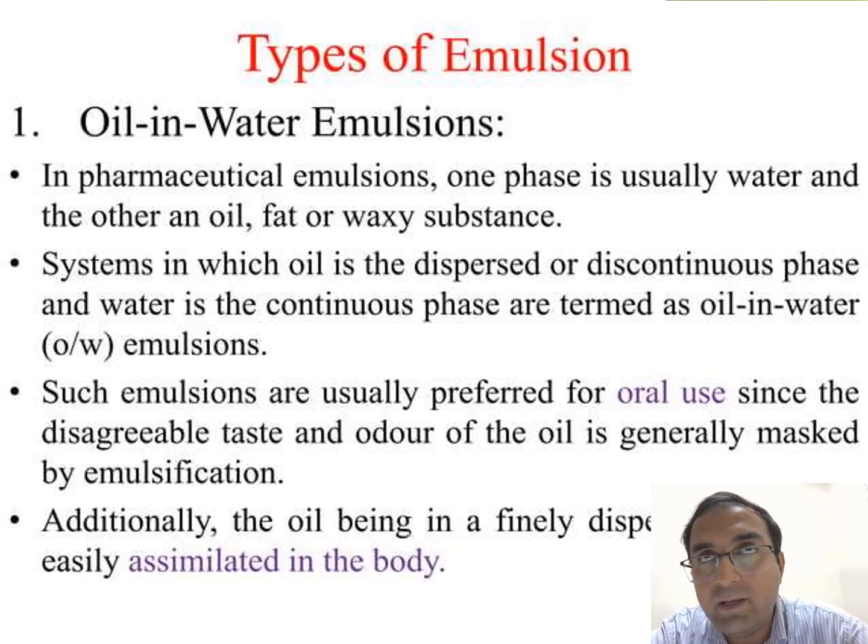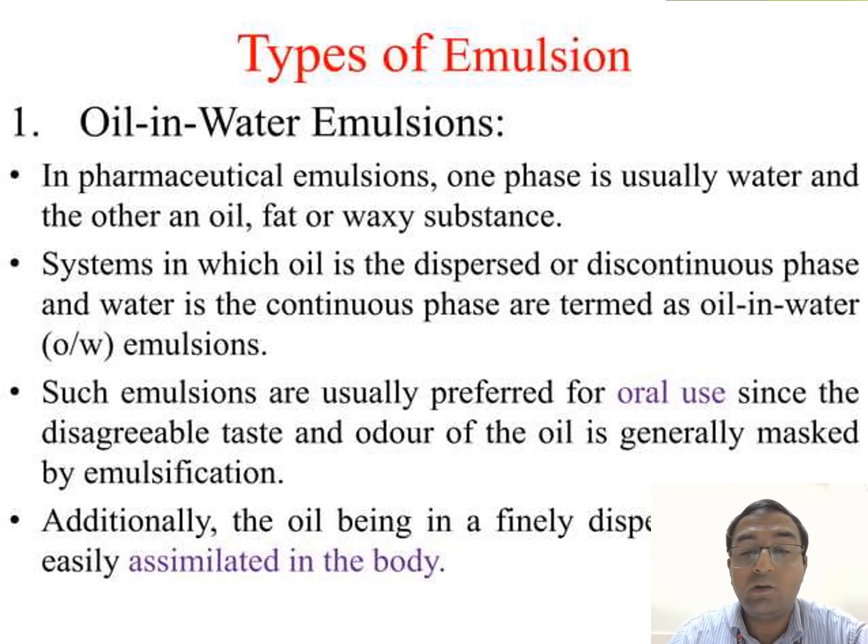There are a number of tests to identify the type of emulsion, either oil in water or water in oil, like the dye solubility test, conductivity test, and fluorescence test. We will talk about the identification tests later in today's lecture.